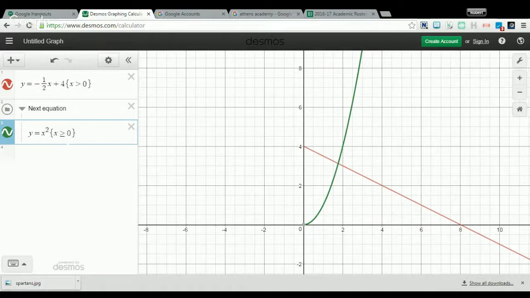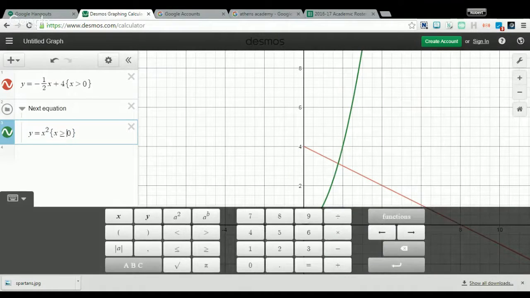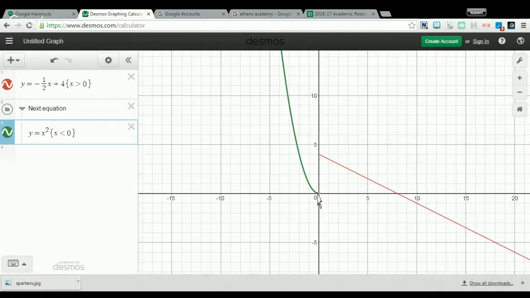But if we take this right here, and one side is greater than and the other side is less than, watch what happens when we get less than. Now we have something that is a function, because 0 is not on either one of those lines, and you do the vertical line test and it passes. So that's a good example of a piecewise function.